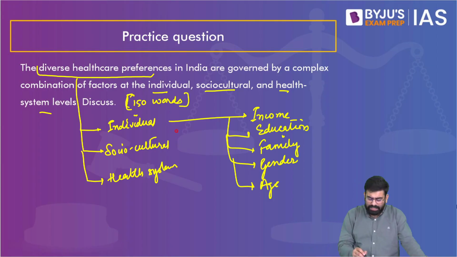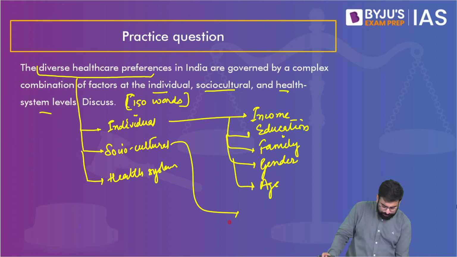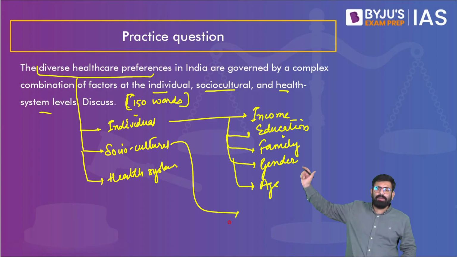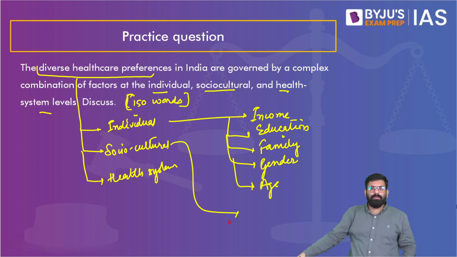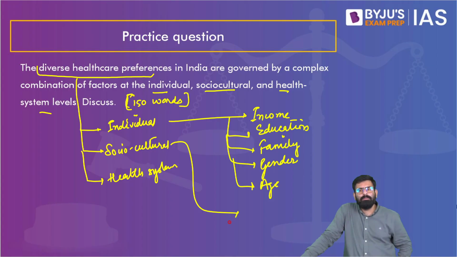Then if you think about socio-cultural, think of the region you are coming from, whether you are coming from rural area or urban area. If you are from urban area, the chances are you would prefer any kind of private hospital in urban areas. If you are coming from rural areas, then you would not have any option rather than going to your public healthcare system.